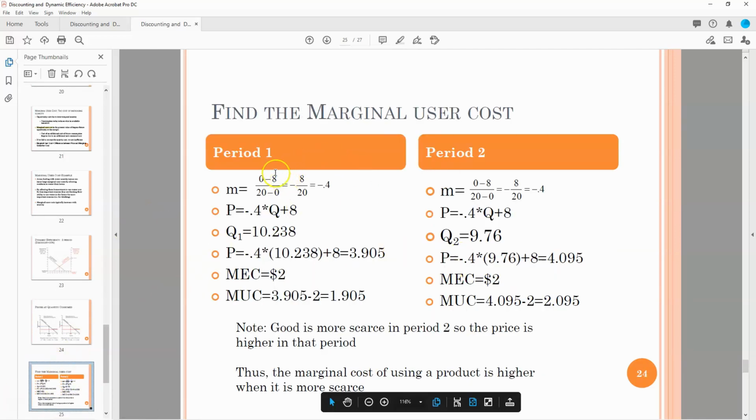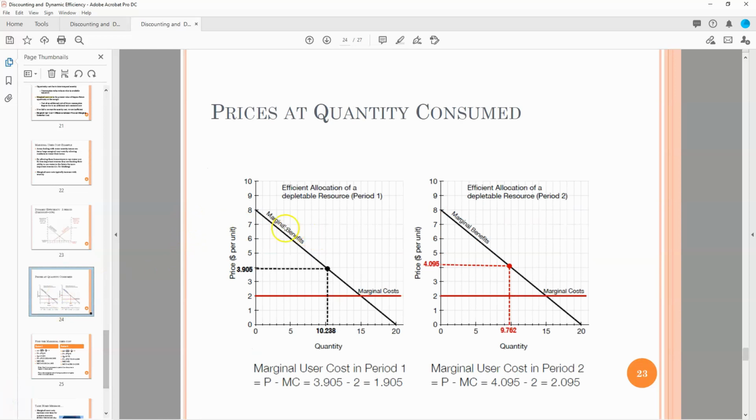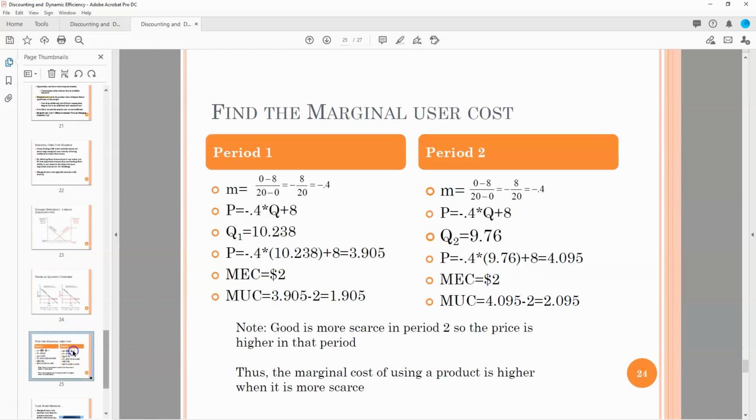Then we can also do the math to get all the marginal costs we need. So first, given the marginal benefits curve on the graph, we need to calculate the slope of this line, and m is the slope. So m is equal to minus 0.4.